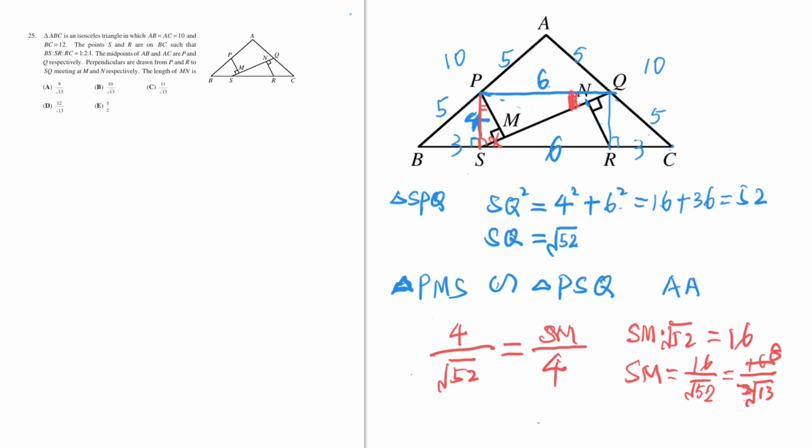And look at this, the small right triangle SPM and also NQR. These two right triangles are congruent.